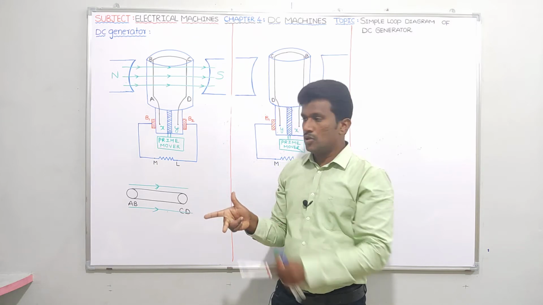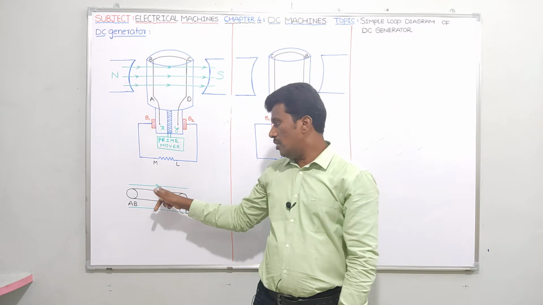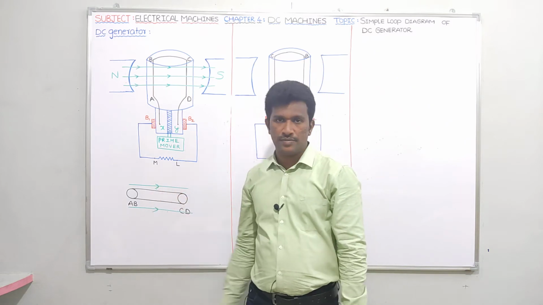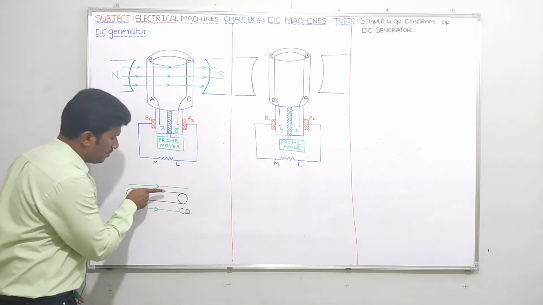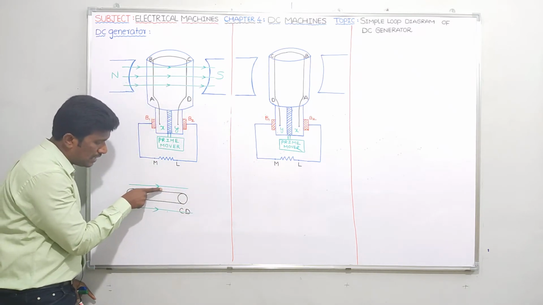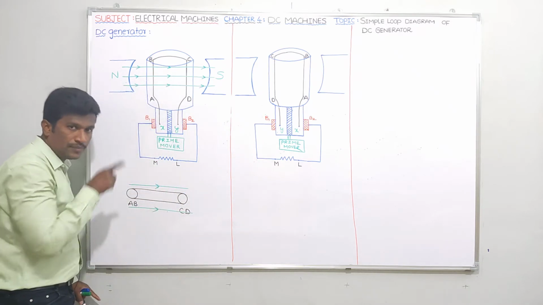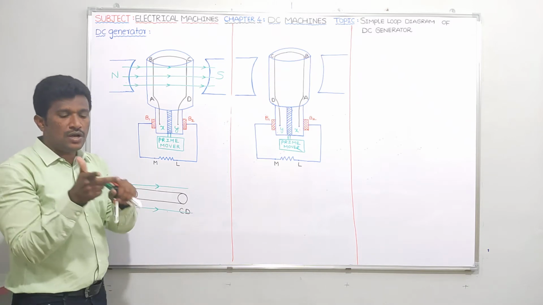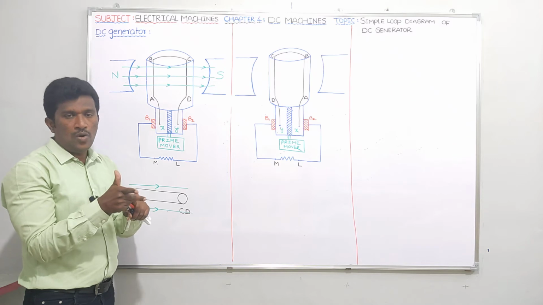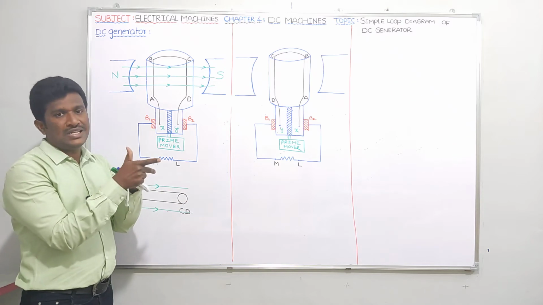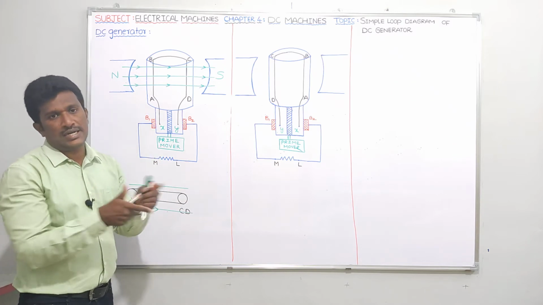Is it clear? So now you already got the forefinger direction, because forefinger means direction of magnetic field. In this case I got the magnetic field direction as forefinger, this green color arrow mark. Now for knowing the direction of the center finger, the direction of dynamic induced EMF or current, you should know the direction of motion of the conductor.